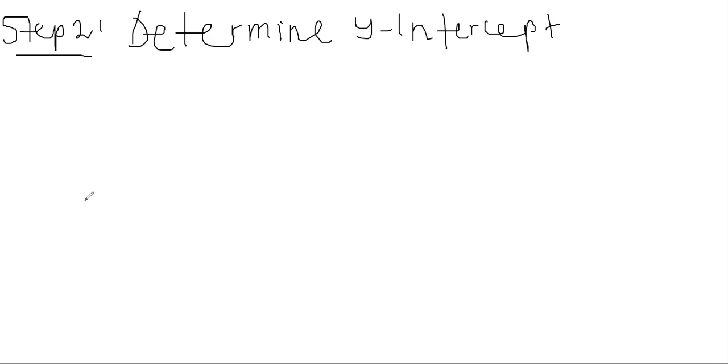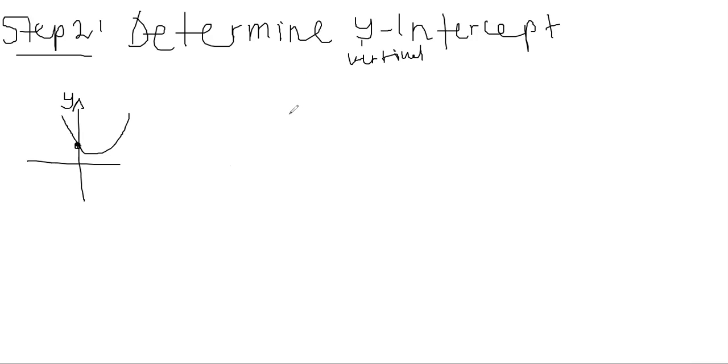Remember, this is normally y. The variable can change. It can be quantity or something like that. But what is important is to determine the vertical intercept. When we say vertical intercept, we want to know where the graph cuts the y-axis, or the vertical axis.